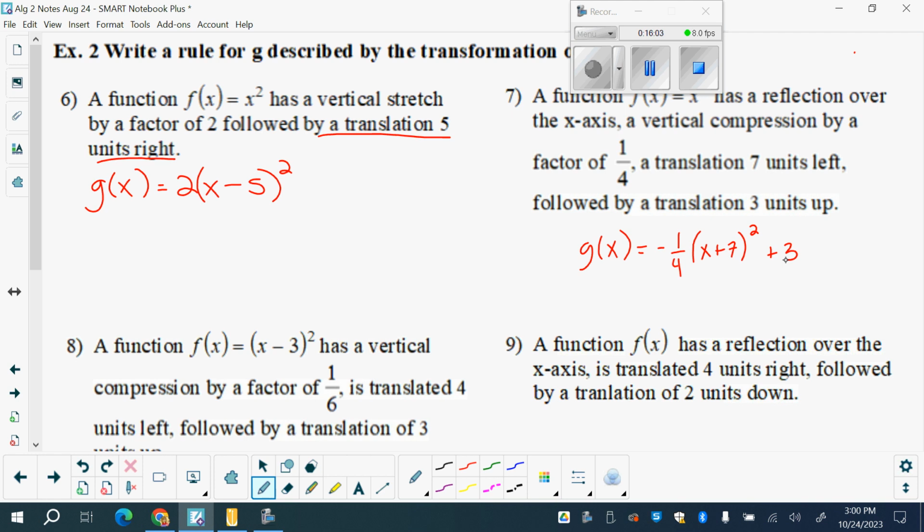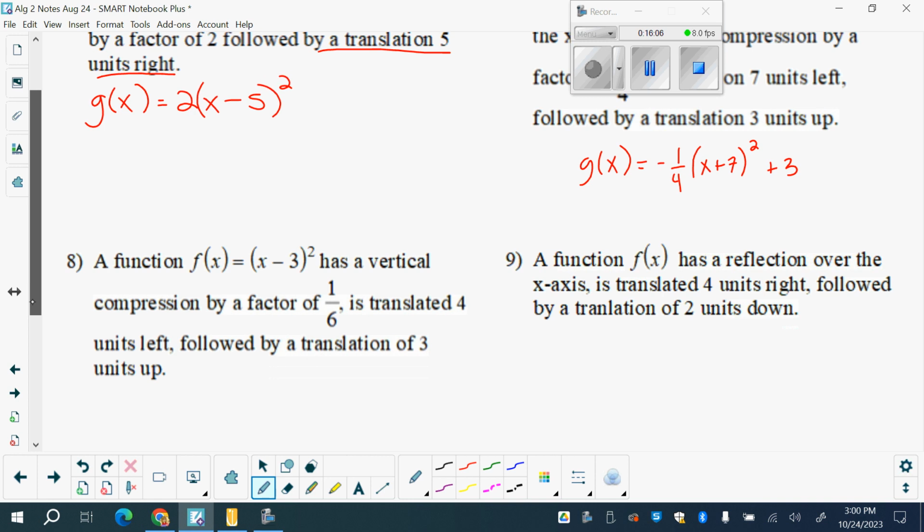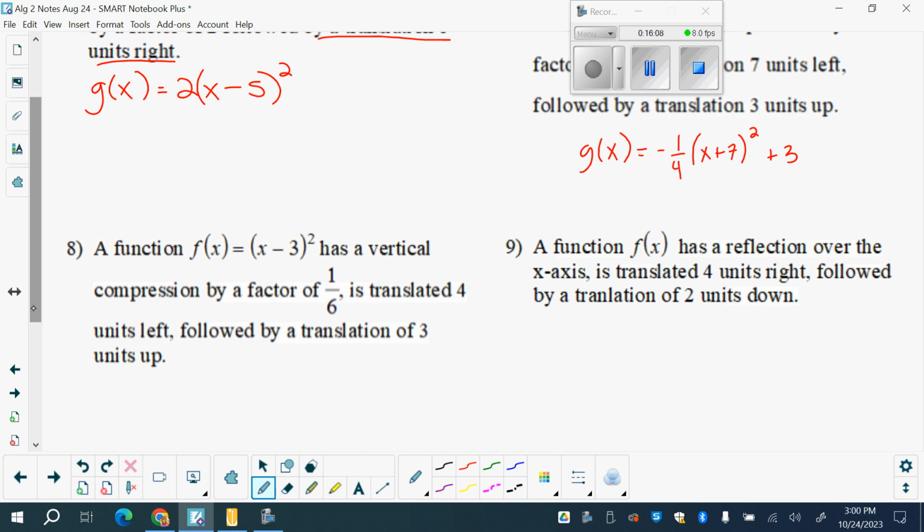So number 8. This one gets a little trickier. We're starting with the function f of x equals x minus 3 squared. So we want to take a vertical compression by factor of 1/6. What do we do with that 1/6? Where do we put that? Guys? Where do we put the 1/6? In the front? Yes. So 1/6.